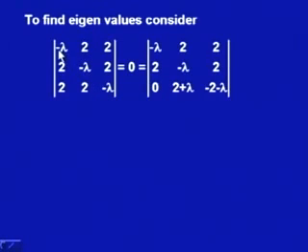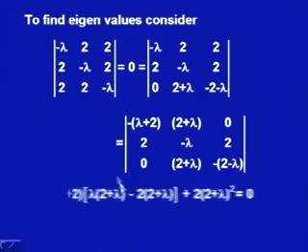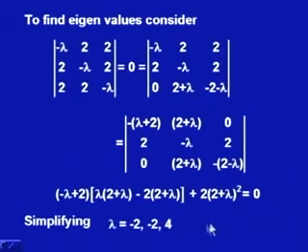It is determinant of lambda I minus A equal to 0. So minus lambda will appear in the diagonal, and the rest of it is A. You simplify it, the characteristic equation will come out to be this expression, which will be further simplified to give lambda is equal to minus 2 and minus 2, and one eigenvalue is 4.